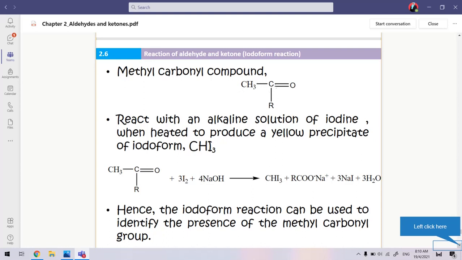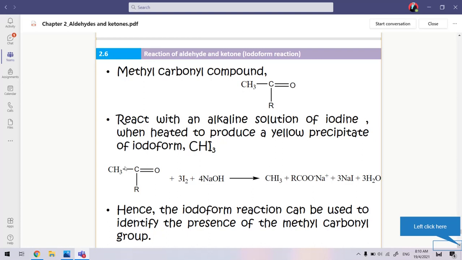Okay, if this C double bond O does not attach to a methyl group, not an alkyl, it must be methyl, just one carbon here, CH3. It must attach to at least one CH3 group.